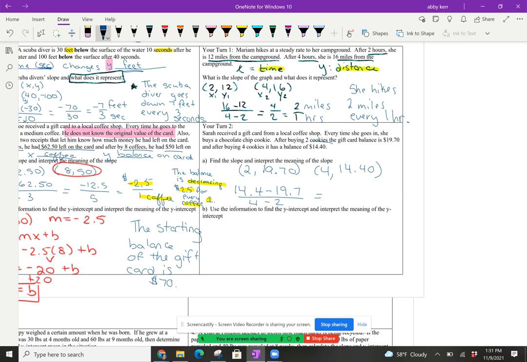So 14.4 minus 19.7 gets you negative 5.3, and that's over 2. We want it per cookie, so it's negative 2.65 over 1. So once again, this is the balance on the gift card, and this is for the cookie. So the balance decreases $2.65 every time a cookie is bought.